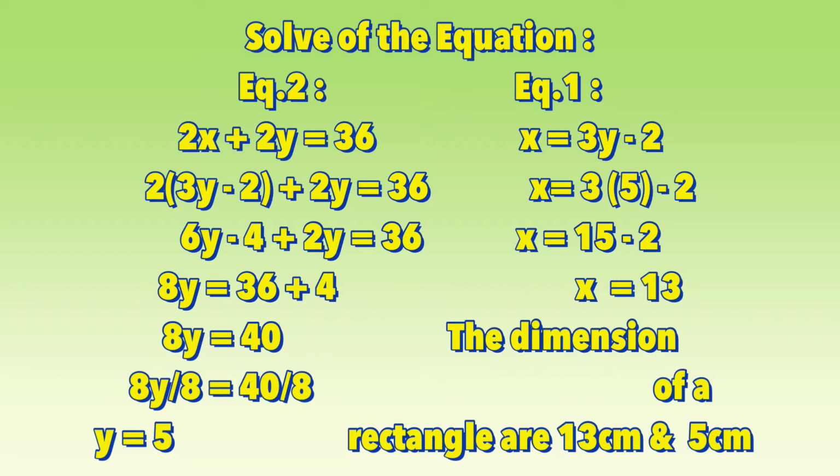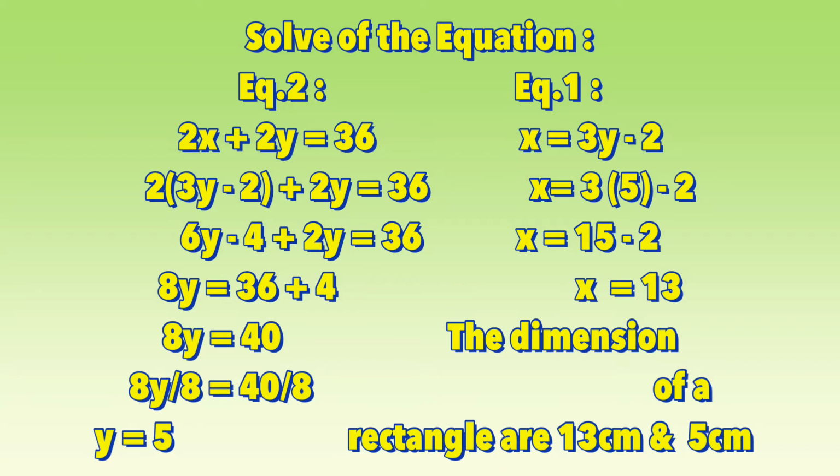Then simplify: 2 times 3y equals 6y, then 2 times negative 2 equals negative 4, plus 2y equals 36. Then combine like terms, then transpose the constant to the right side of the equation. 6y plus 2y equals 8y. And negative 4 transferred to the right side becomes positive 4.